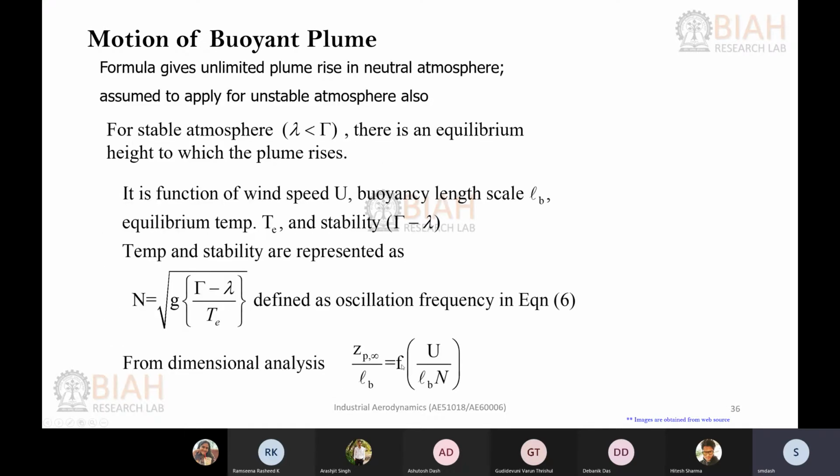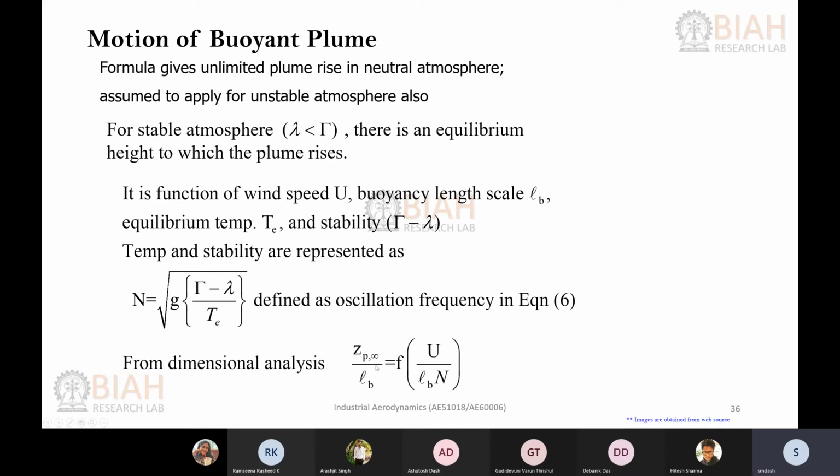Okay, and we also tried to correlate your natural frequency of oscillation of the air pollutant. That is only possible when you are considering the atmosphere is in a stable condition or under equilibrium. So that relation is shown here.